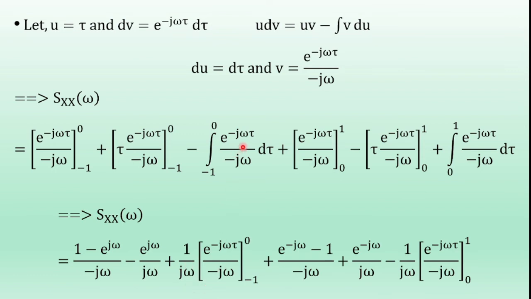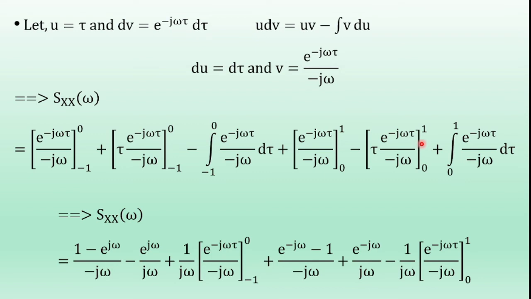So integrating e power minus j omega tau d tau gives e power minus j omega tau by minus j omega over minus 1 to 0. Here we substitute the upper value of tau, e power minus j omega, minus the lower value of tau, e power minus 0 is 1, by minus j omega.